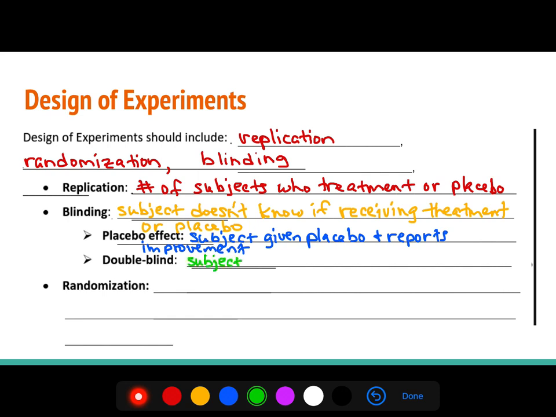And that can happen quite often. A double-blind experiment is where the subject and the administrator do not know who's in what group.